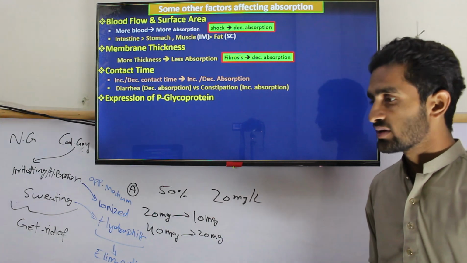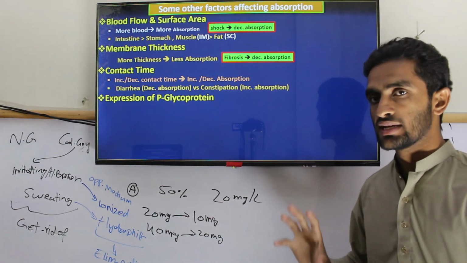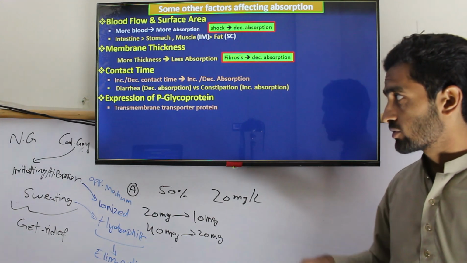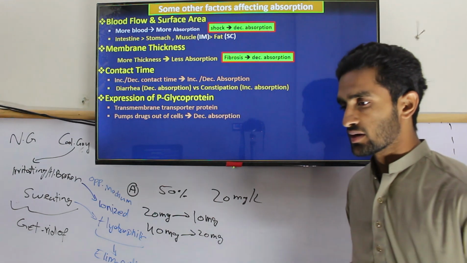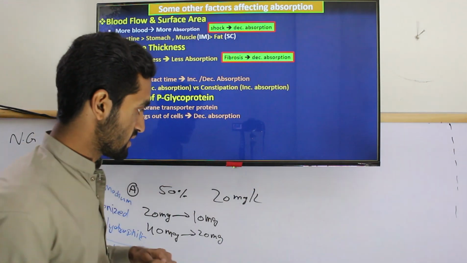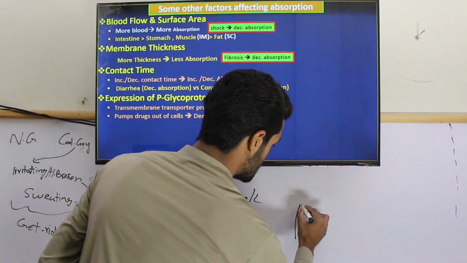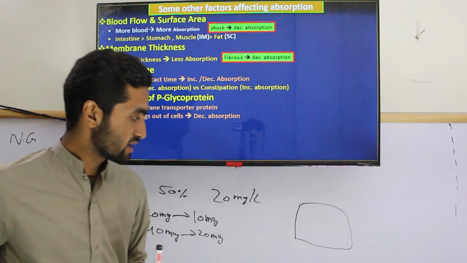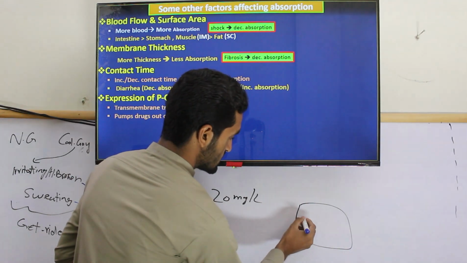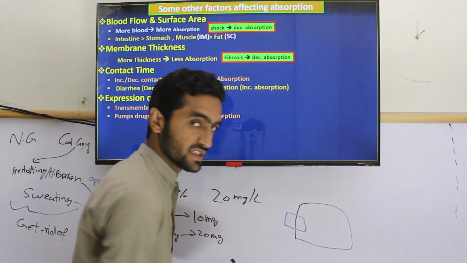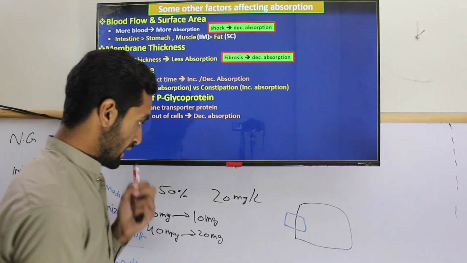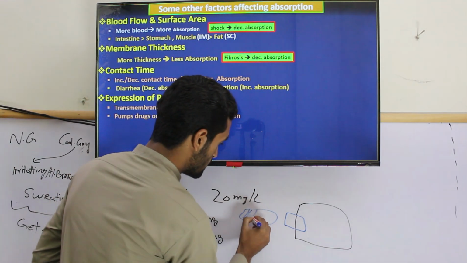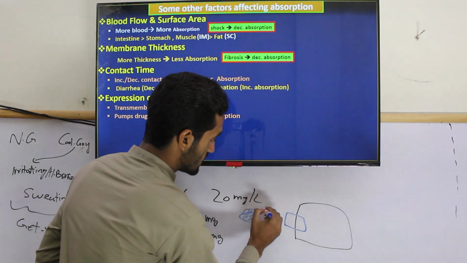Expression of P glycoprotein: it's actually a membrane transporter protein which pumps drugs out. For example, here is the membrane and here is a drug that wants to enter.